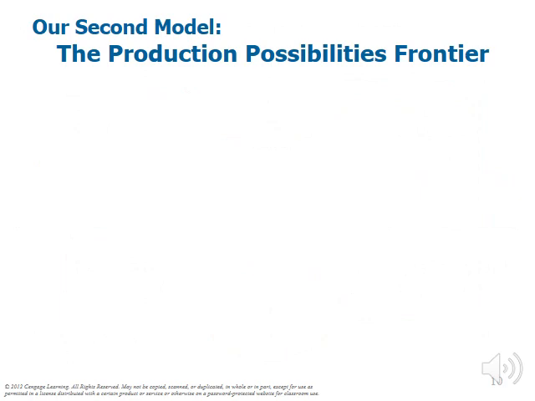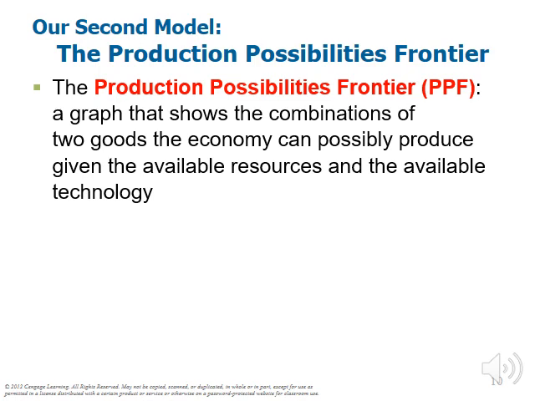Our second model is the production possibilities frontier. The production possibilities frontier is a graph that shows the combinations of two goods the economy can possibly produce, given the available resources and the available technology. Let's do an example. Let's assume, for simplicity, that there are only two goods, computers and wheat.